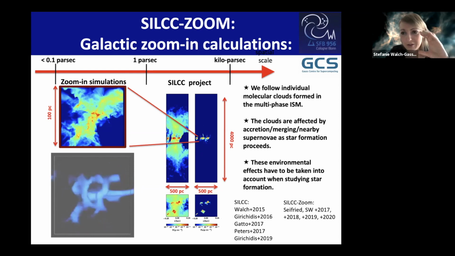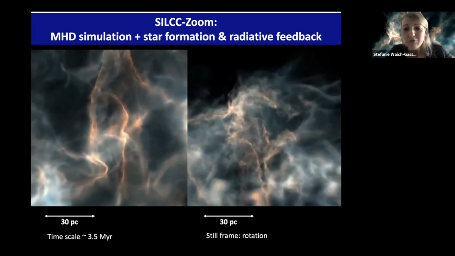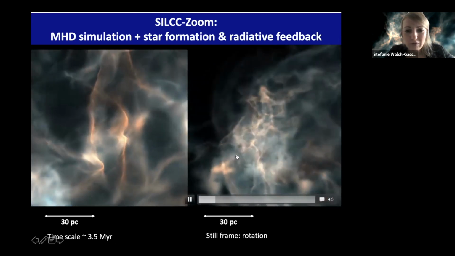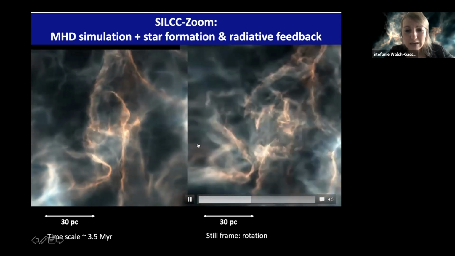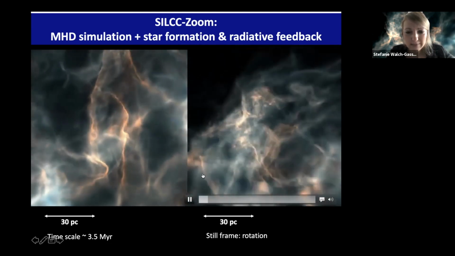So we allow the code to adaptively refine higher and higher in this area. This is what we call the SILCC-Zoom. We go down and down in scale, to scales of 0.1 parsec. This is a volume rendering of one of the simulations with magnetic fields and stellar feedback, now on very small scales.